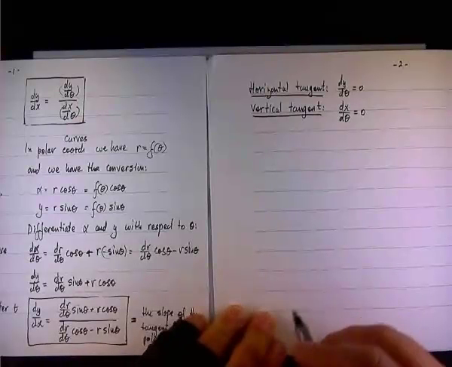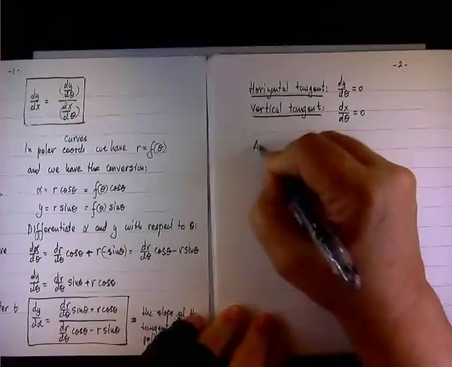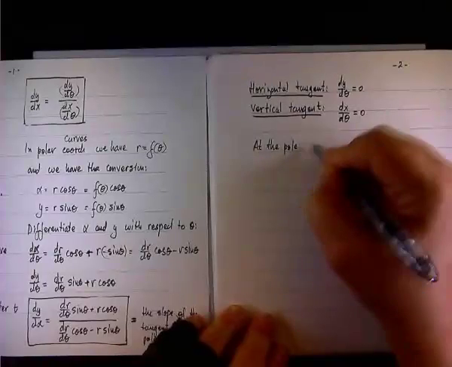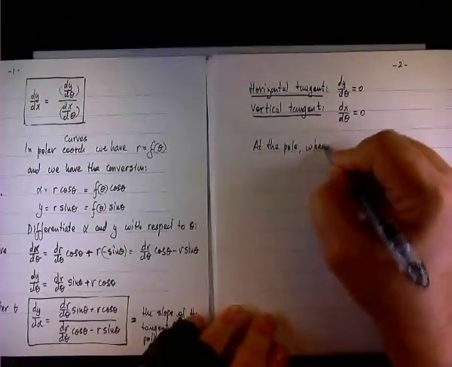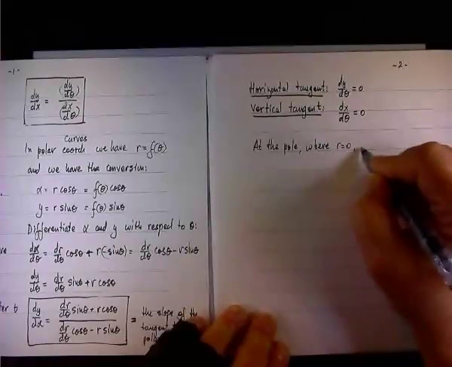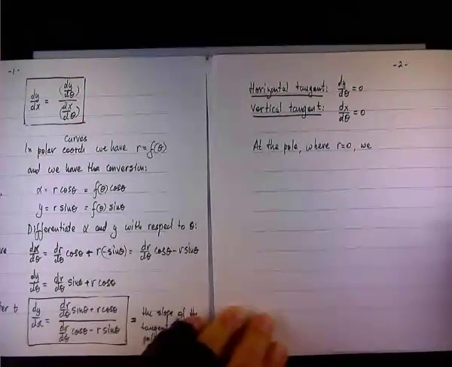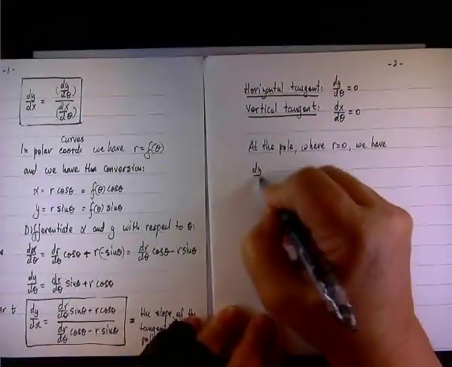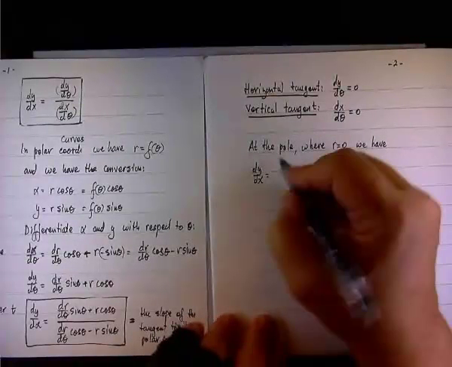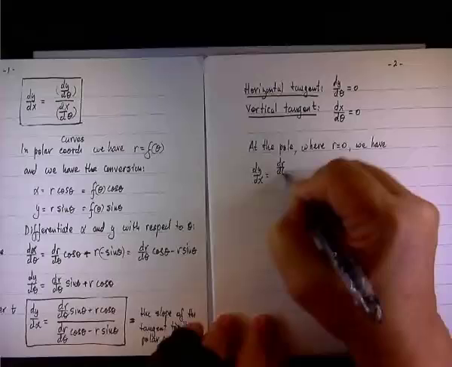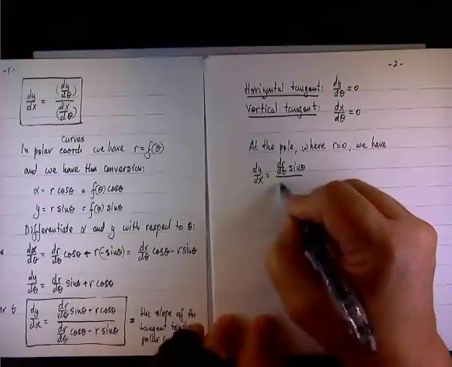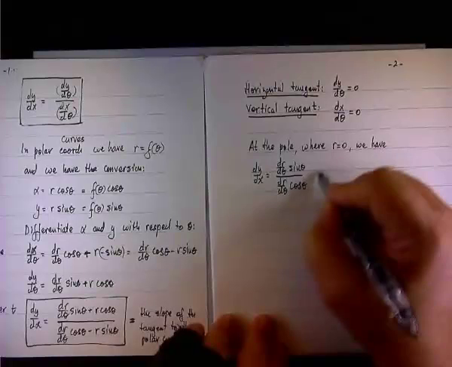So, at the pole, remember the pole is where r equals 0, we have the dy dx becomes the dr d theta times sine theta over the dr d theta cosine theta.